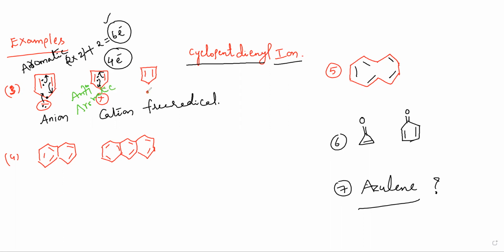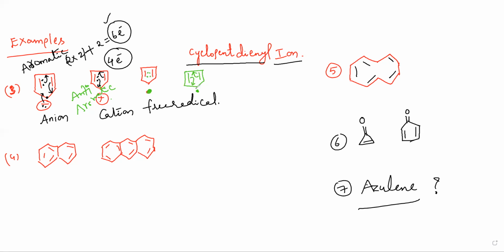Coming to the next one, the free radical. Here conjugation is happening throughout the ring. Why? Because a free radical or carbocation are both electron deficient in nature. That's the reason the pi bonds will move with respect to the free radical. Here the pi bonds are present, and this pi bond can make conjugation with the free radical since the free radical is also deficient.